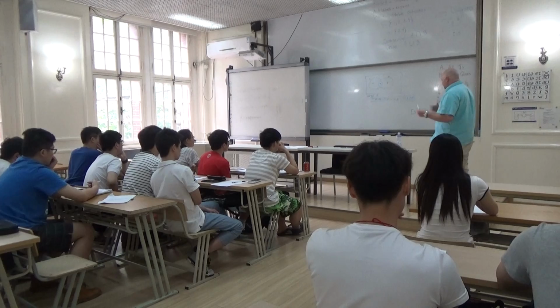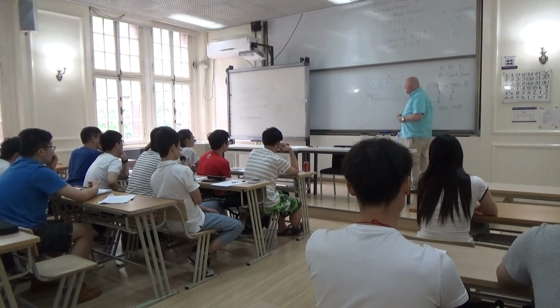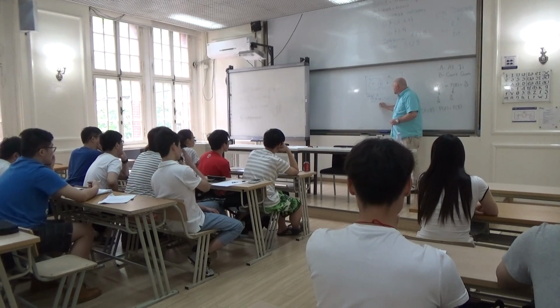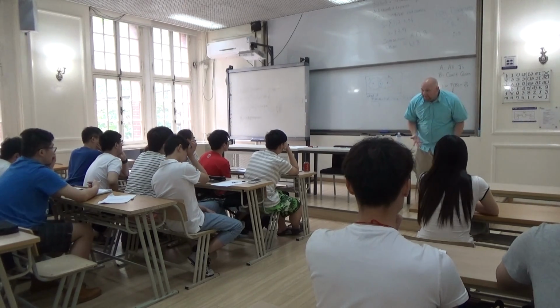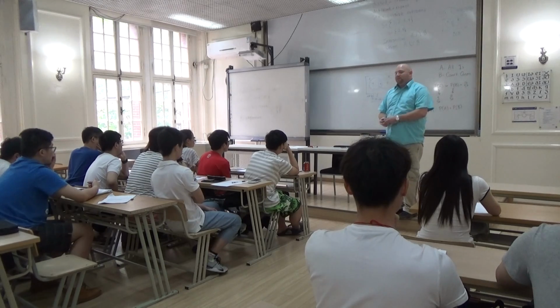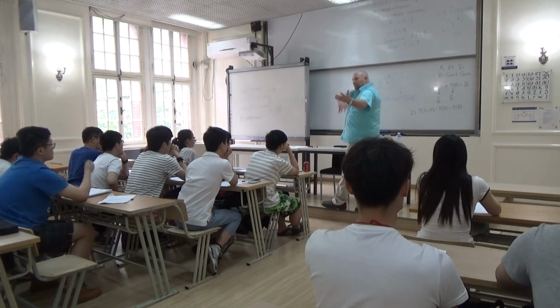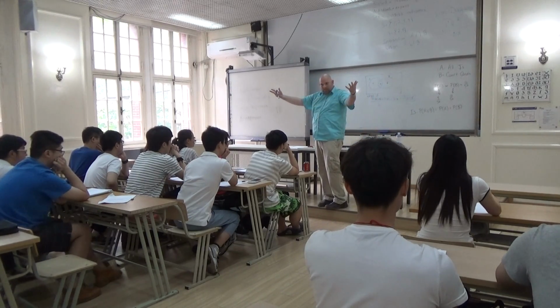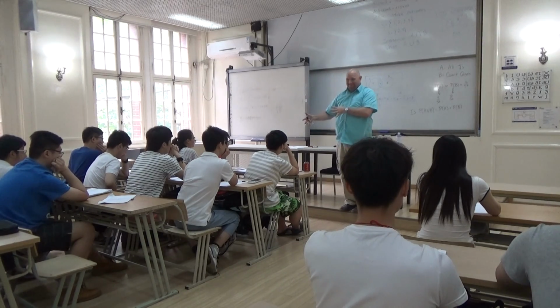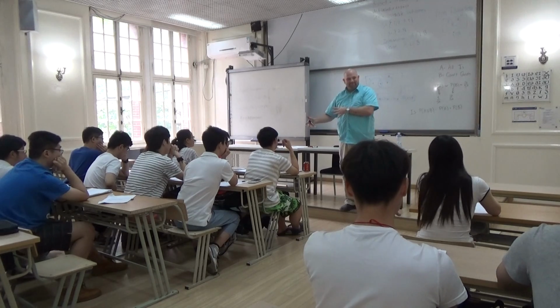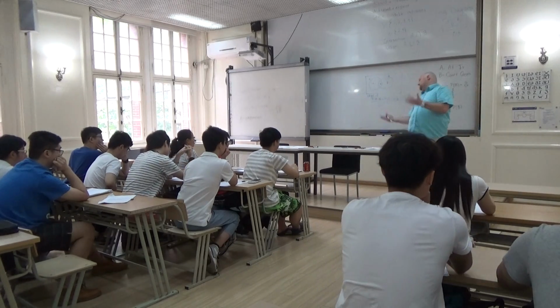So, remember what this means though. This means or. So if I say the probability of A or B, it's the probability of A plus the probability of B minus the probability of A and B. You see that? Okay, so that's probability.